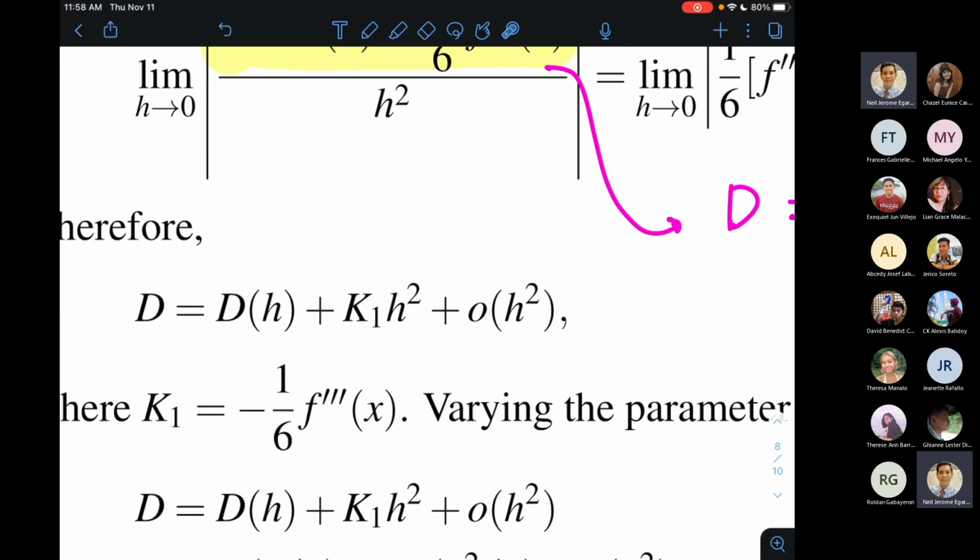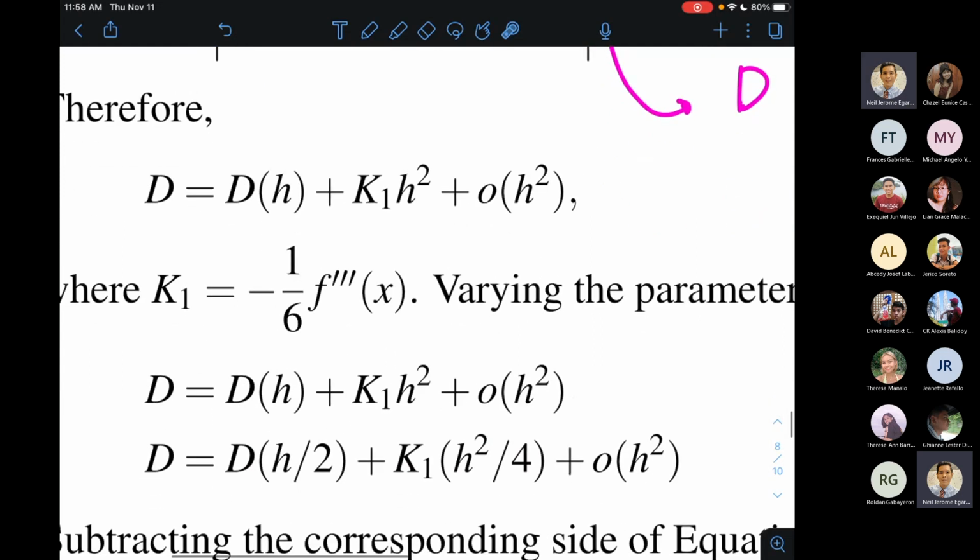Okay? So, ibig sabihin, pwede ko pala itong paglaruan, pwede kong palitan yung value ni h. Halimbawa, a common choice is kalahatiin ko kaya ngayon yung h. So if I will make kalahati, pero kung kakalahatiin ko yung step size, lahat ng h's dito, pwede kong palitan ng h over 2. Okay? So that will give us an approximation using the basic formula, but in that time, yung step size ay h over 2 na lamang. Tapos yung h dito, papalitan ko rin ng h over 2.